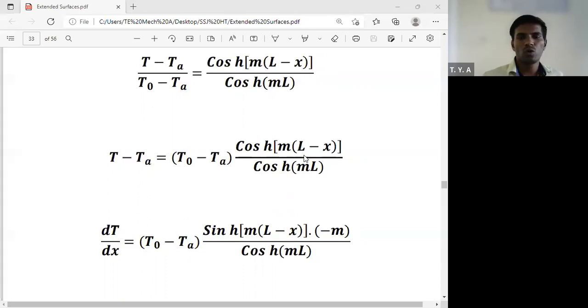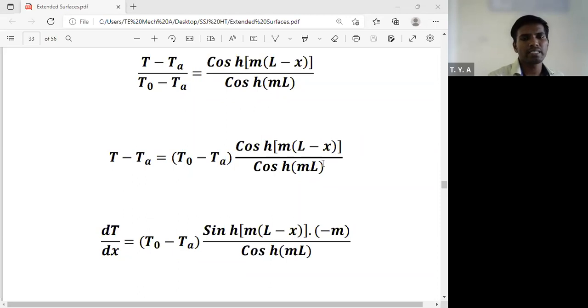So x is present only in the cos hyperbolic m into bracket L minus x. What is the derivative of cos hyperbolic x? It was given yesterday, I told you to write it down. The derivative of cos hyperbolic x is sin hyperbolic x. So write down in that form.